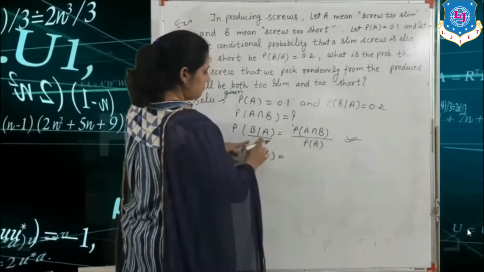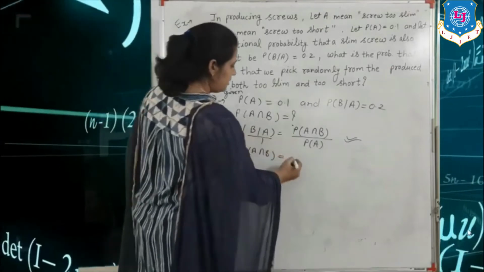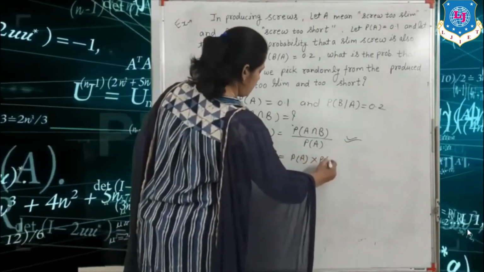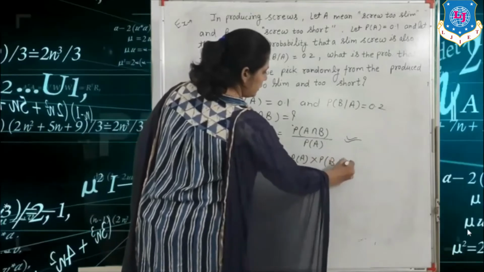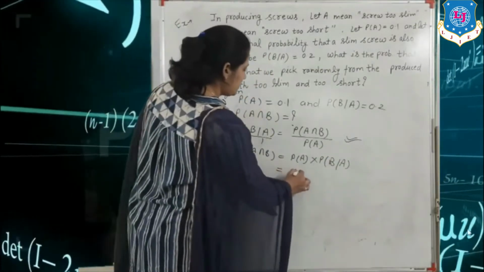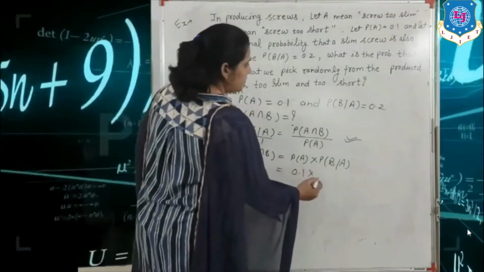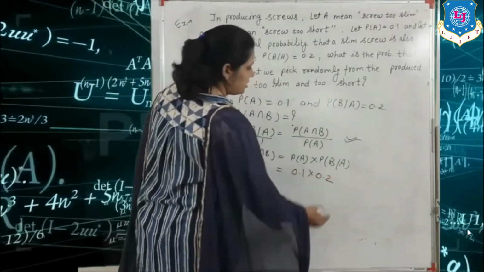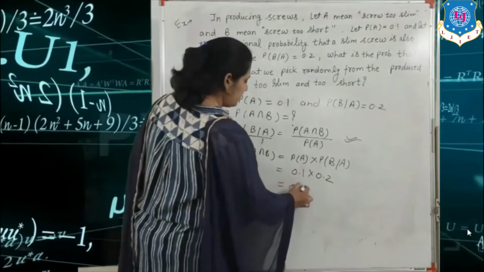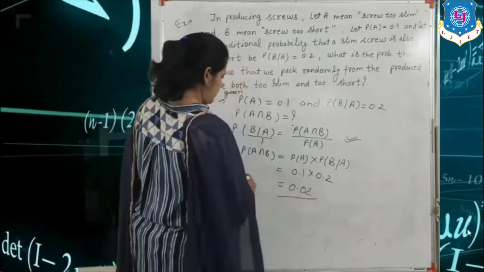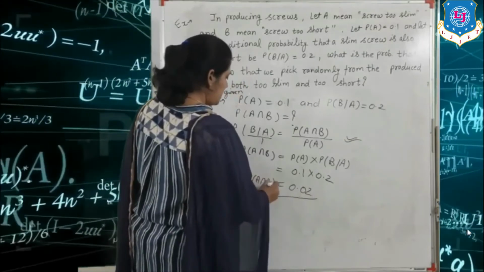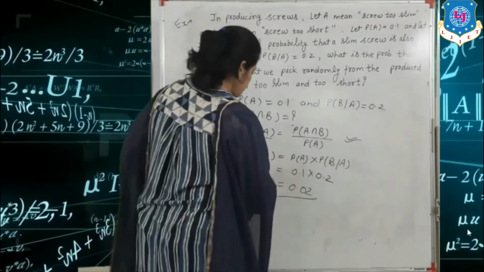Multiply both values: probability of A times probability of B given A. Put here the probability of A equal to 0.1 and the probability of B given A equal to 0.2. Solve this and we have the value 0.02.